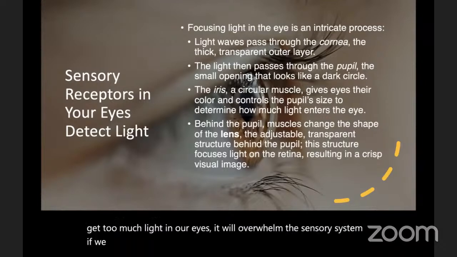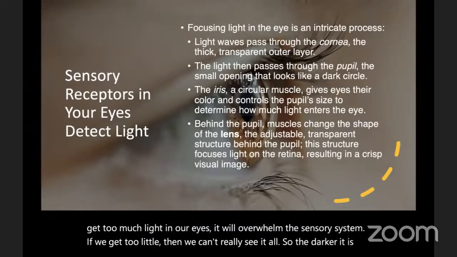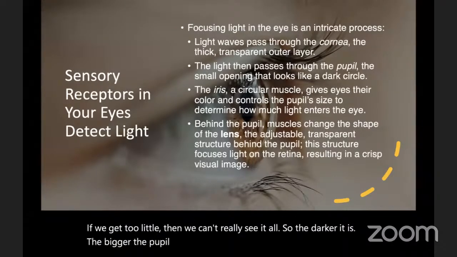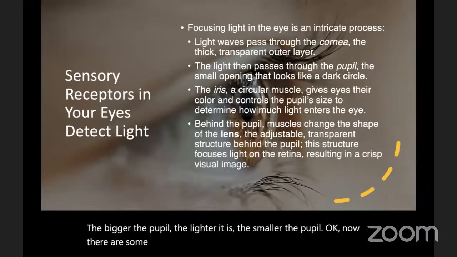If we get too little, then we can't really see at all. So the darker it is, the bigger the pupil. The lighter it is, the smaller the pupil. Okay.